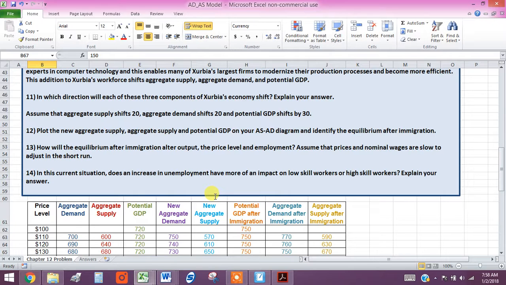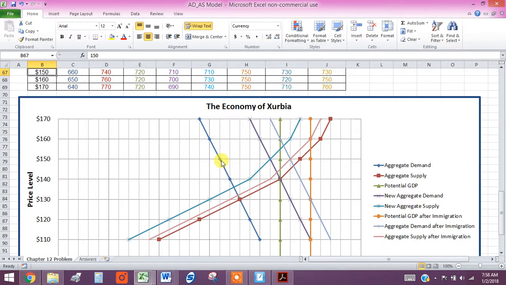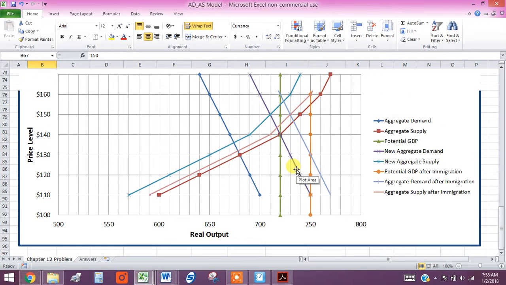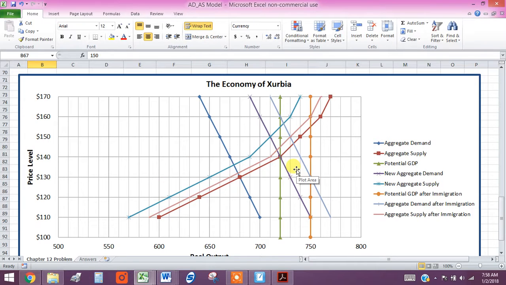Well, we don't know for sure, but we can make a pretty good guess that because the workers that came in and actually caused this change are high-skilled workers, the chances are that they actually put low-skill workers out of work as they modernized the production. It made high-skill workers more in demand and low-skill workers less in demand as the country moves to more advanced technology. And that's one of the problems that we're experiencing now here in our country.